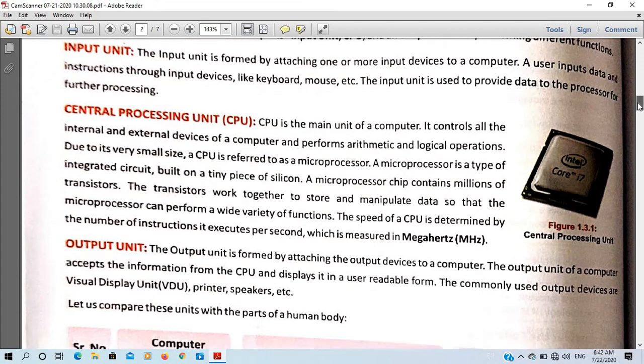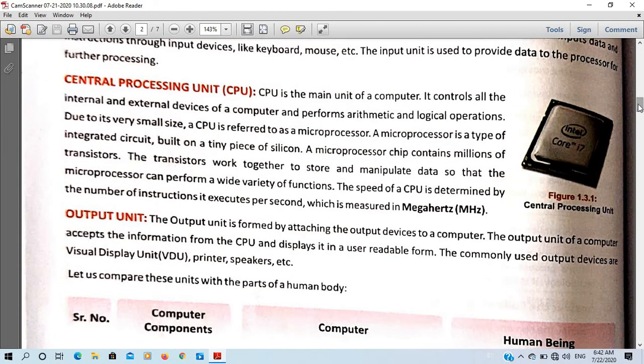Now what is the central processing unit? I have already explained, but one more thing you will learn from reading this paragraph: the units in which we can measure the processing speed of the CPU. See, the CPU is the main unit of a computer. It controls all the internal and external devices of a computer and performs arithmetic and logical operations. It works as the head of the computer. It also accepts input and prepares the output.